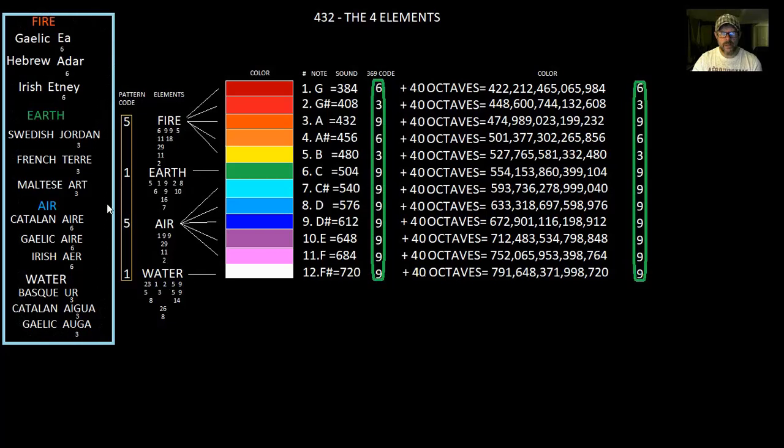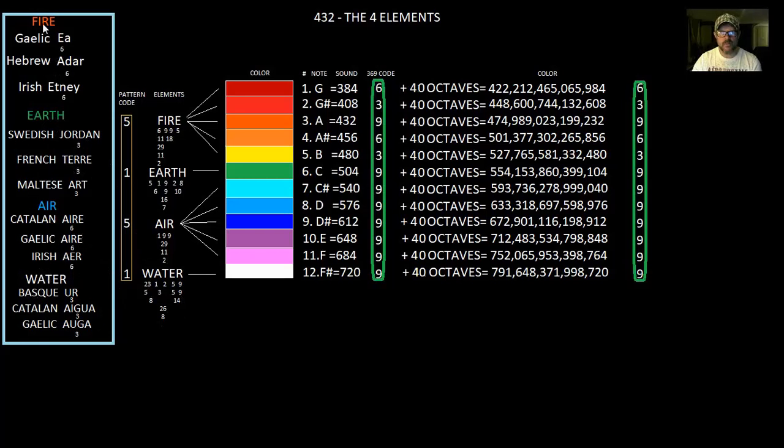Now, what I did find is the French word for, I can't remember if it was earth or water. I did find some 9s. I just want to point out before I end this clip that I did find some 9s. The French word for air is ia, but it did code to 9. And I found a bunch of others too.